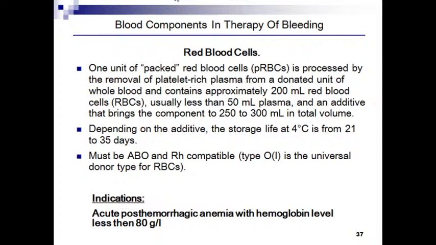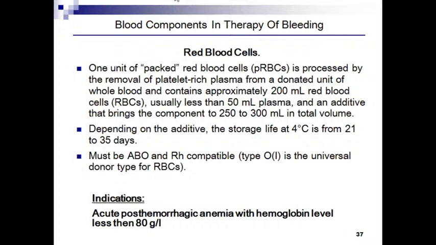Depending on the additive, the storage life at 4 degrees is from 21 to 35 days. Depending on the additive means depending on the type of preservative. If you use glugicir, you can keep the donor's blood 25 days. If you use silifat, 35 days at 4 degrees Celsius, in a refrigerator, of course.